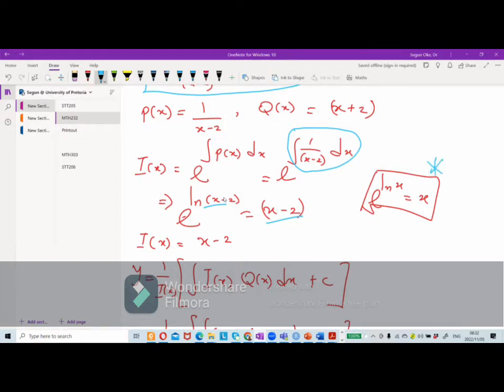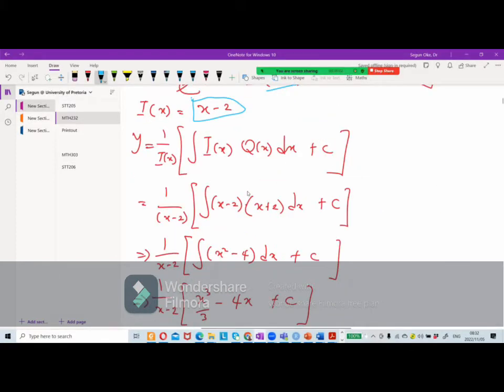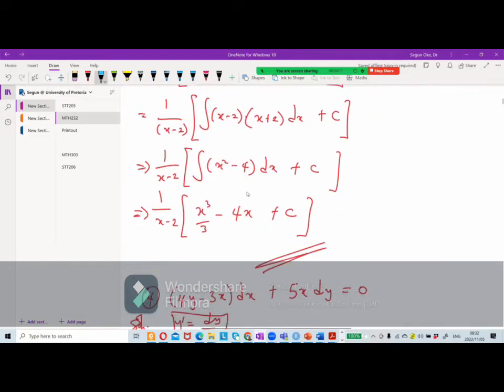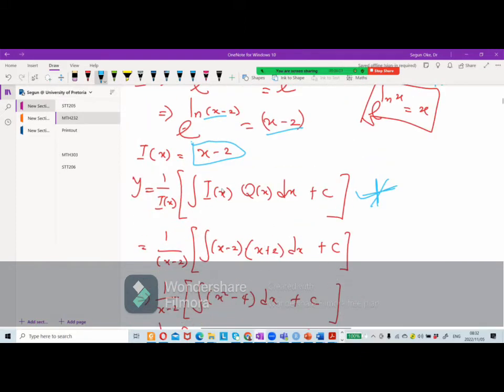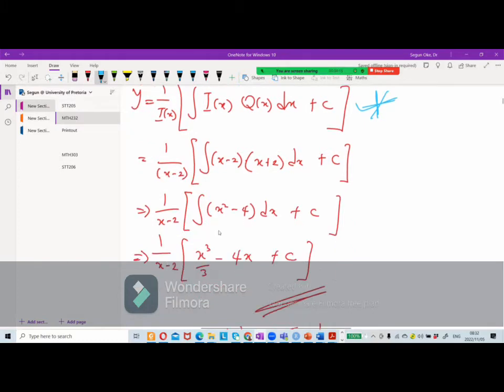That's why we put this condition there, so that you understand what it simply means. It means the integrating factor we have now is I equals x minus 2. So in case you have this one, we can go ahead and substitute. This is a general formula. Substitute it here. And at the end of the day, all you need to do is multiply, integrate, simple integration here, and you are gone.